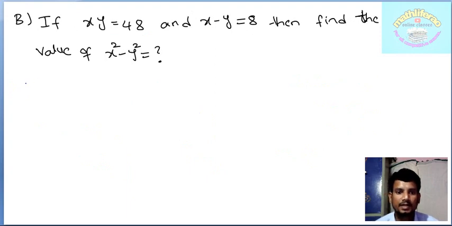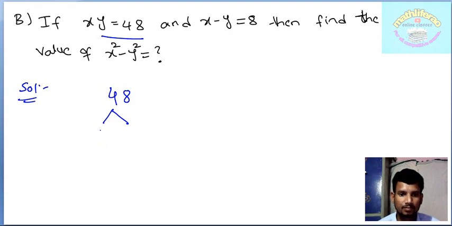So your question is, if xy equal to 48, what are the factors of 48? 6 eights are 48, 8 sixes, as well as 12 fours, as well as 24 twos.